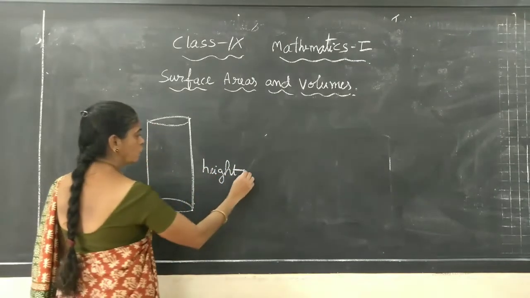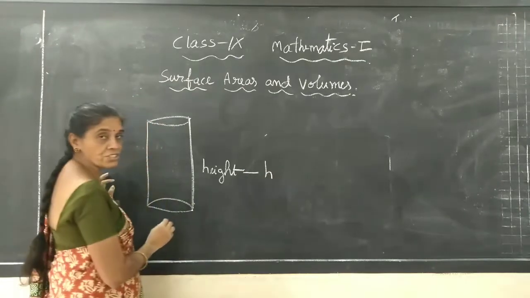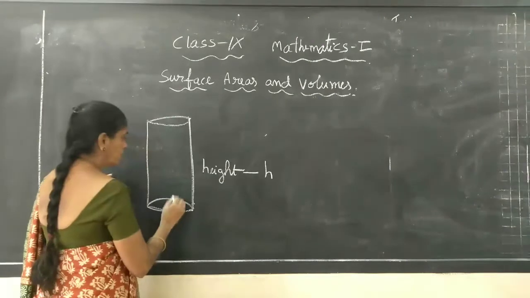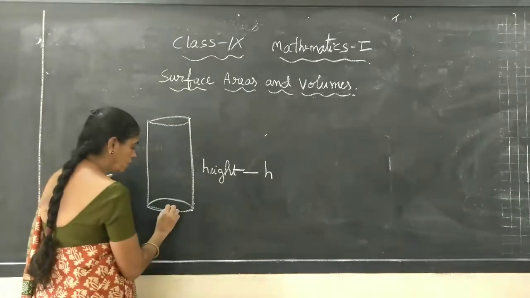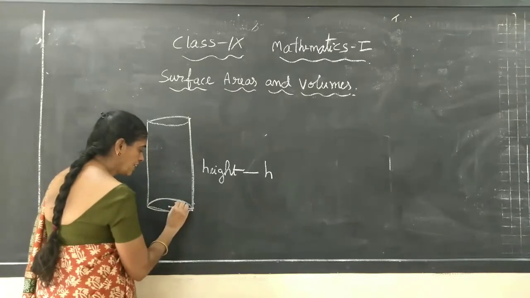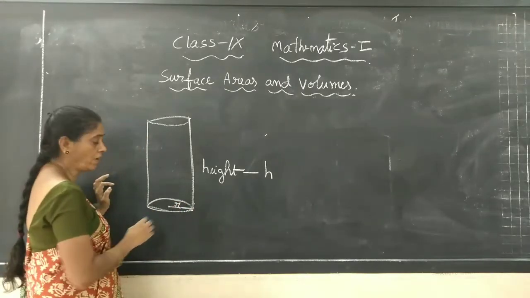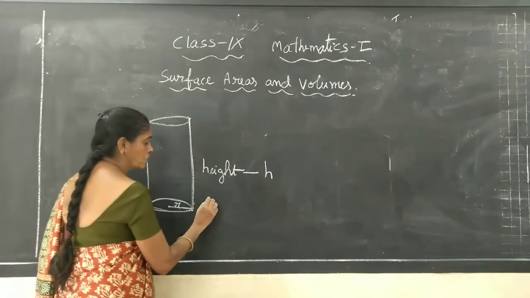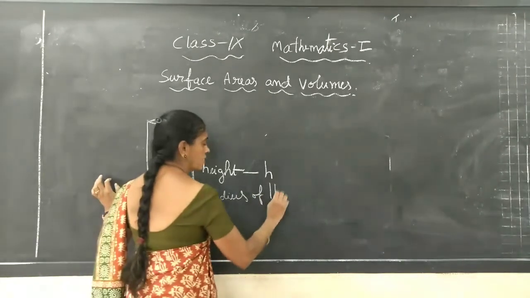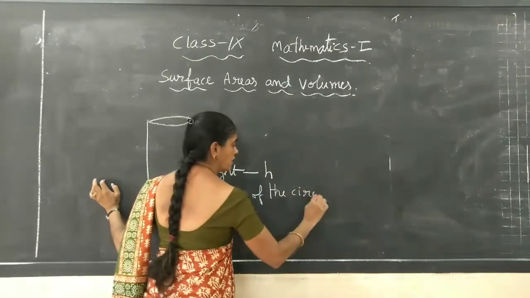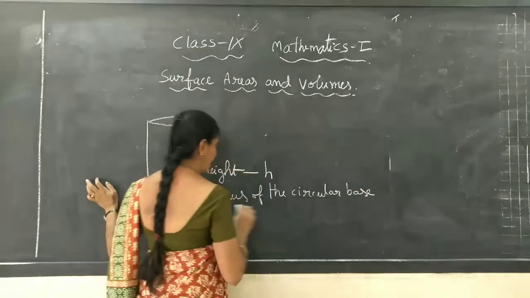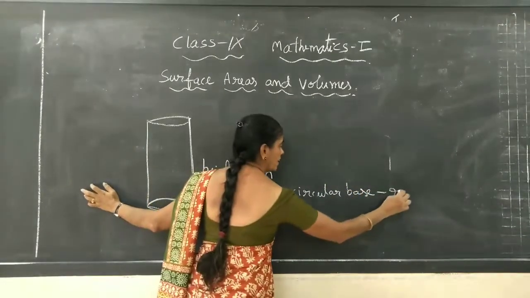The height of the cylinder is usually denoted by the letter H. And here if you take the base, from its center if you draw this line, it is the radius of that circular shape, denoted by R. So it is the radius of the circular base. The base is always circular. So the circle has a radius, and that radius is denoted by the letter R.